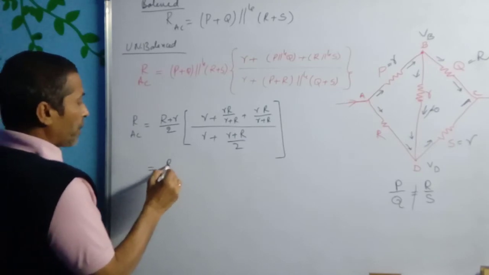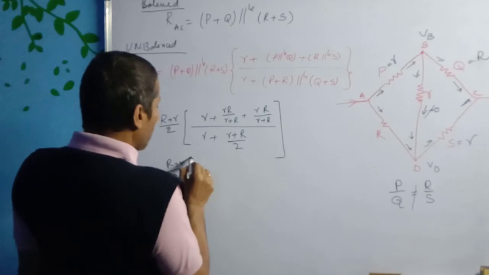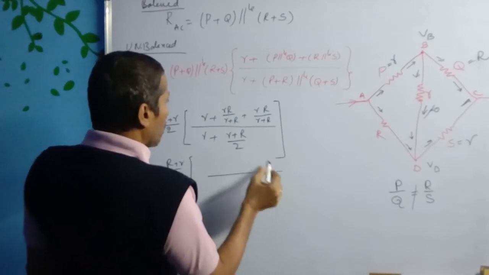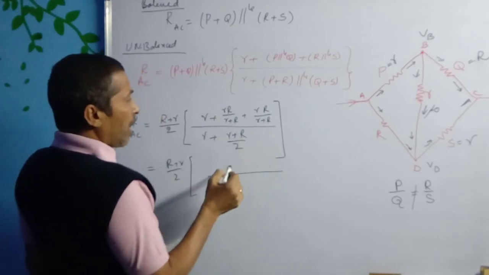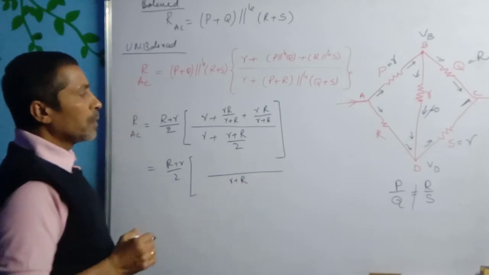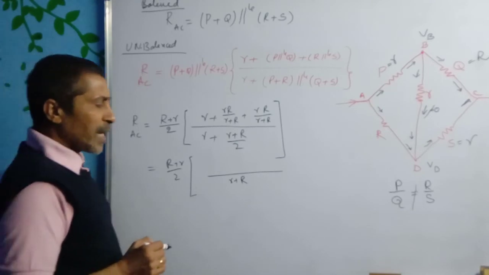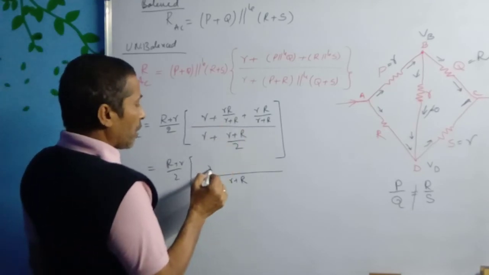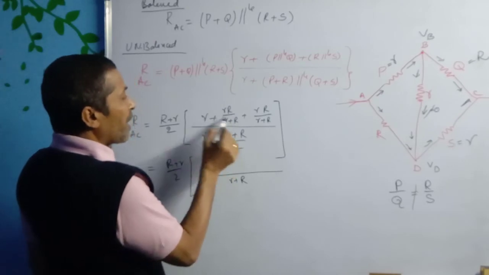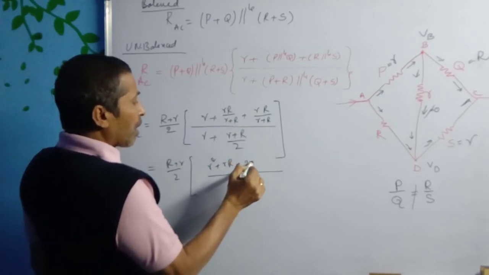Now, r plus R by 2. Taking LCM for the numerator, r plus R is the LCM. Multiply this: r square plus r into capital R, 2rR.